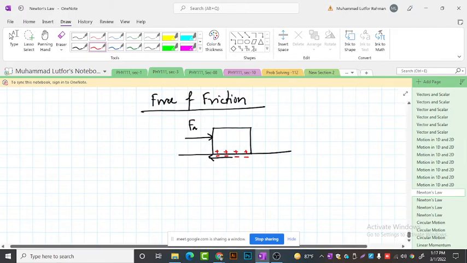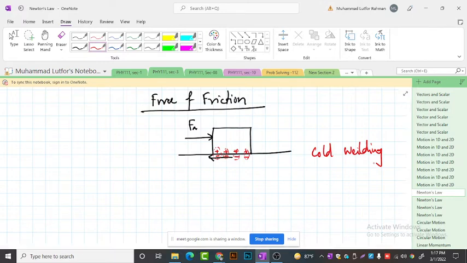Due to that charge separation, they make a pair and attract each other. They will create an attractive force on that surface. So that's why a force arises that we call the frictional force, and this is also known as cold welding. That's how we say that the frictional force is an electromagnetic force, one of the four fundamental forces.